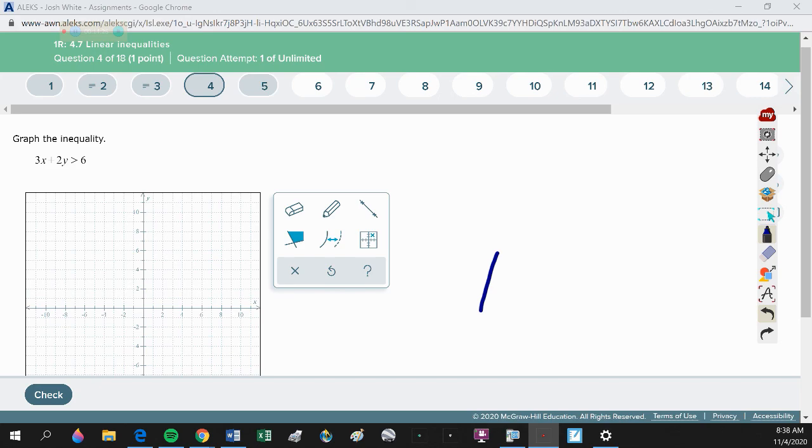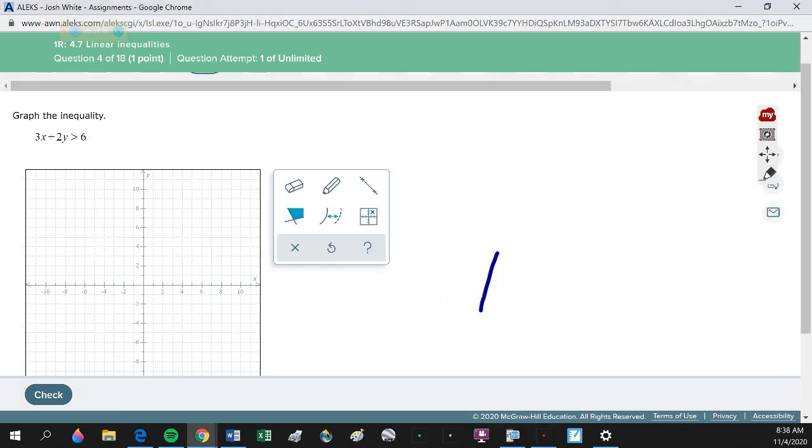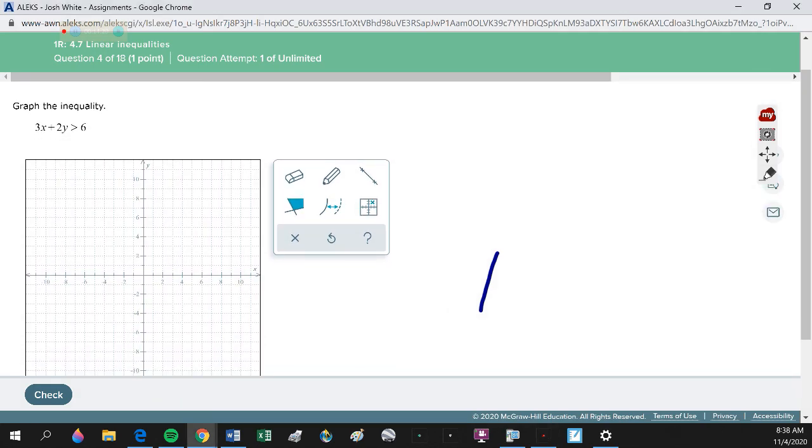Okay. How do we graph this one? Cover the x. What does y equal? 3. Cover the y. What does x equal? 2. Solid or dotted? Dotted.